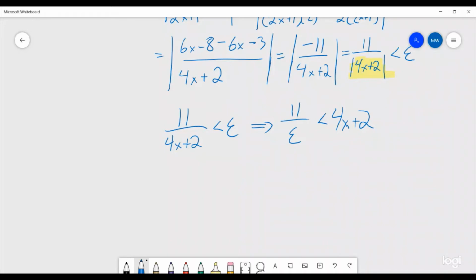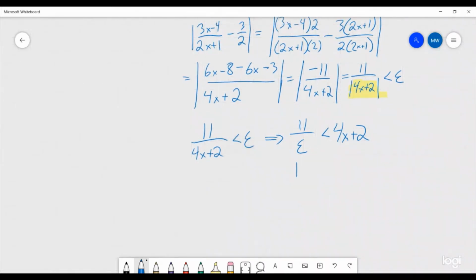So we get 11 over epsilon minus 2 is less than 4x. And then divide everything by 4, we get 11 over 4 epsilon minus a half is less than x.